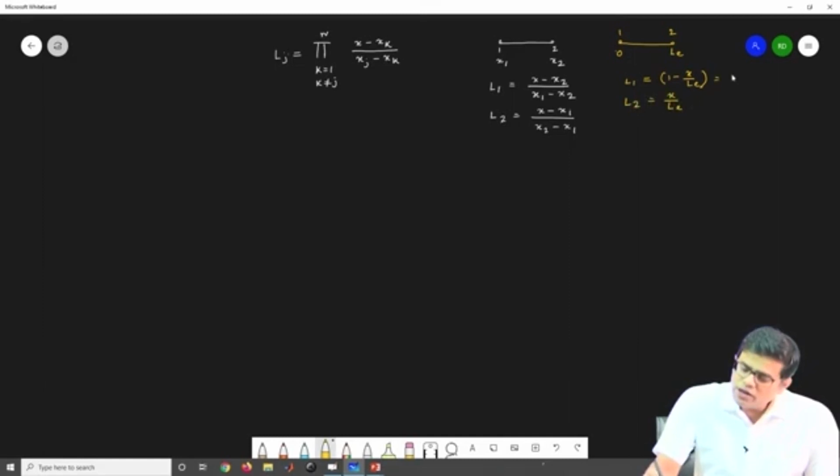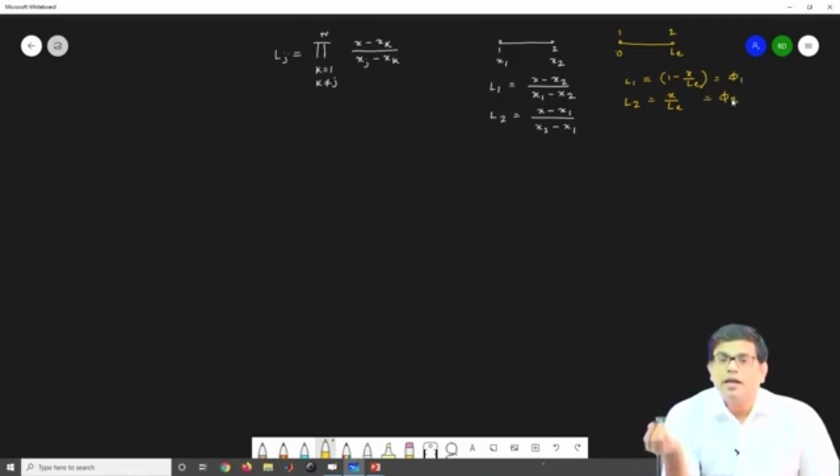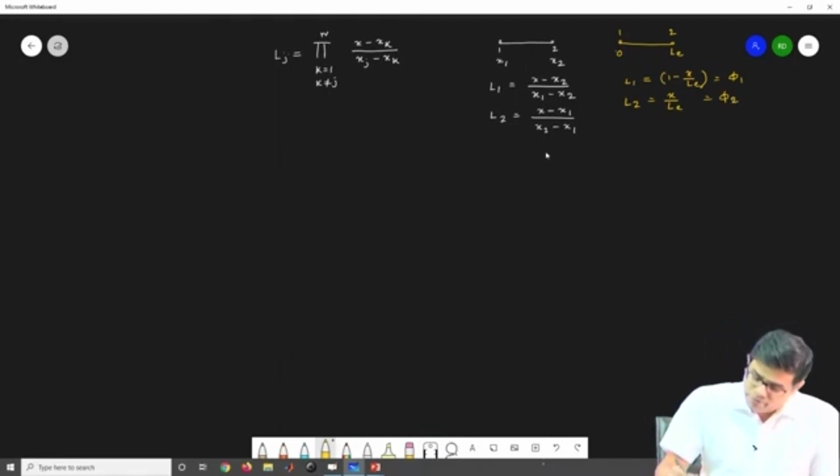Now these are our shape functions for the linear bar element or two-noded bar element, for which we approximate our field variable u(x) within an element like this: 1 minus x by Le u1 plus x by Le u2.